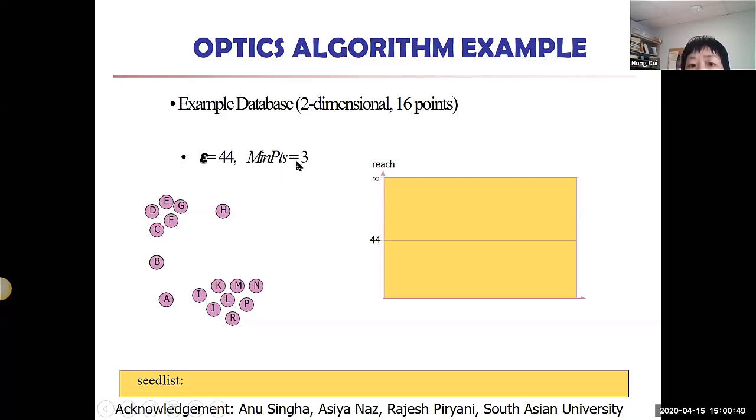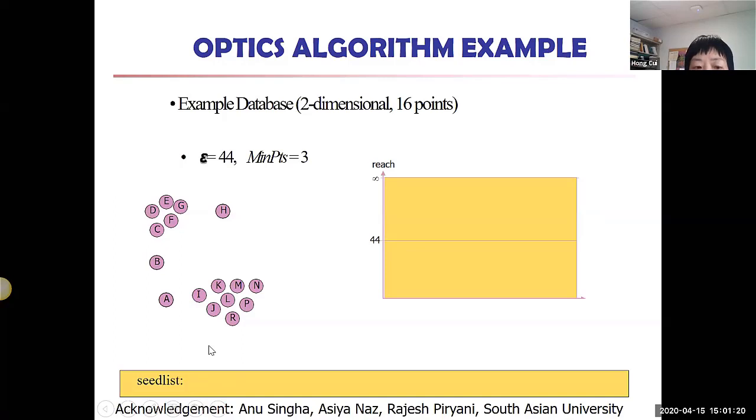Then we set MinPts to be 3. There is a storage area called the seed list. Our data points are here. We're going to select certain data points within the epsilon distance neighborhood into the seed list. We're going to process the points in the seed list by reading them.